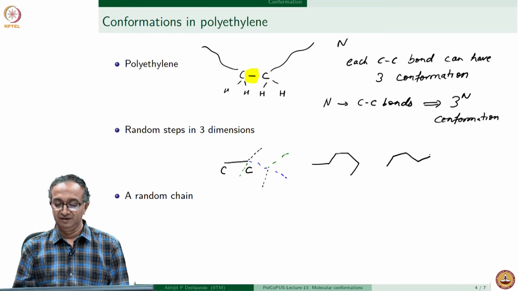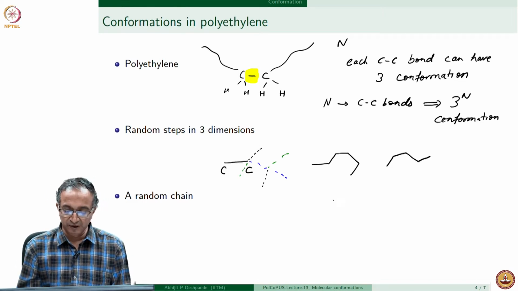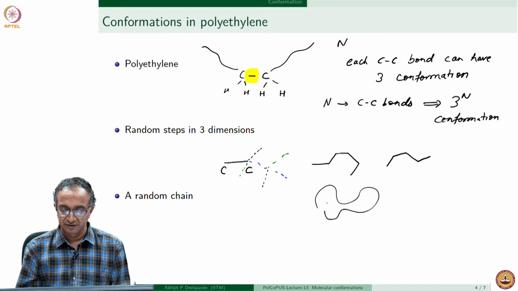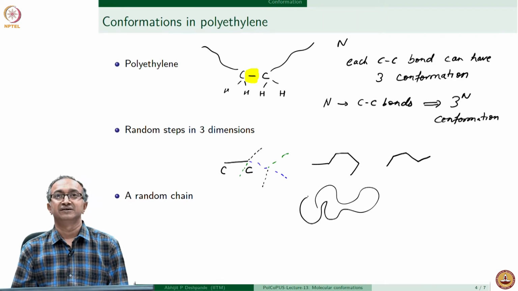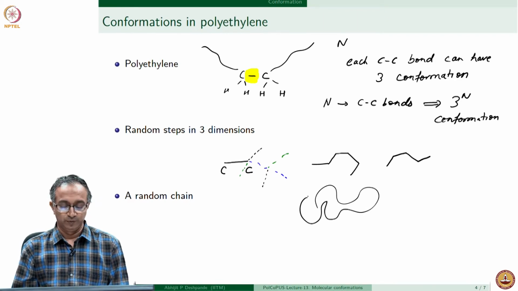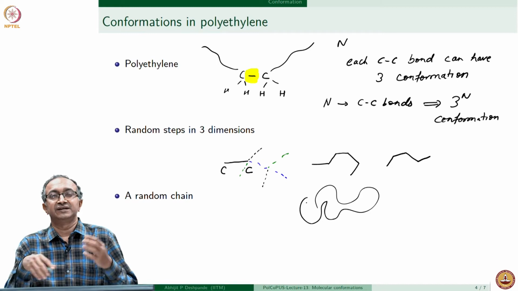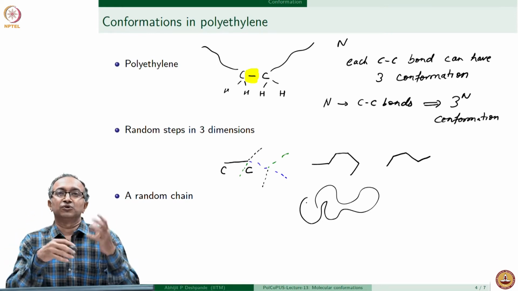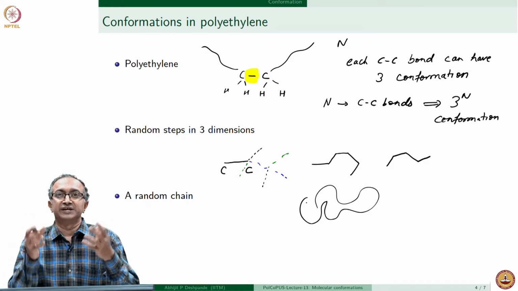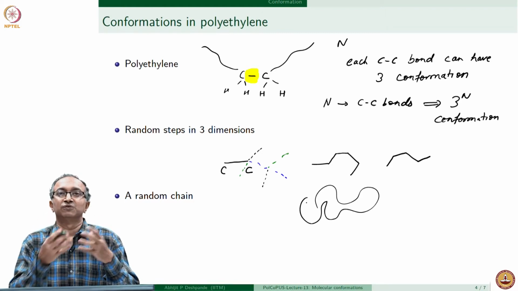So what we will show is the fact that therefore polymer will be like a random chain where each and every step, because there are thousands and thousands of steps, when I draw the overall polymer chain, it looks like a random chain which keeps on bending over each other, keeps on collapsing over each other.